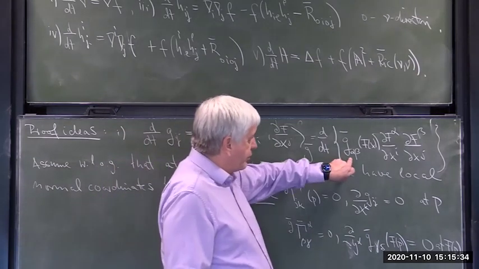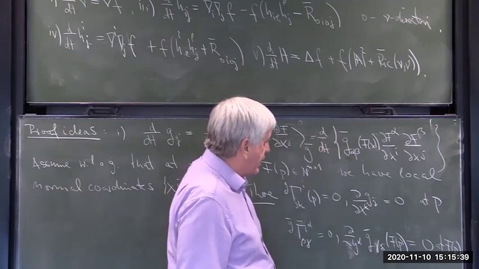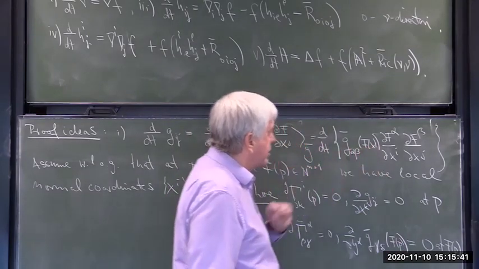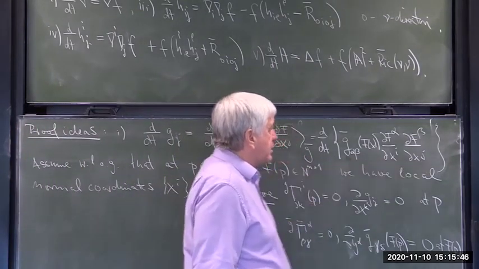So I don't have to differentiate the first term because the derivative of g-bar at this point where I'm doing the computation is 0. So I only do the derivative on the other two terms.